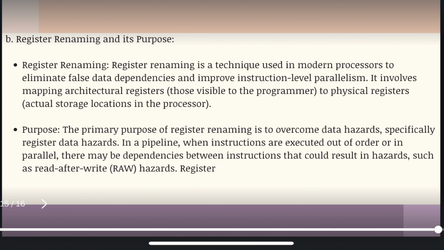So by using register renaming, the processor can execute instructions more efficiently, reducing pipeline stalls and improving overall performance. It enables greater exploitation of instruction level parallelism by allowing instructions with dependencies to be executed concurrently.